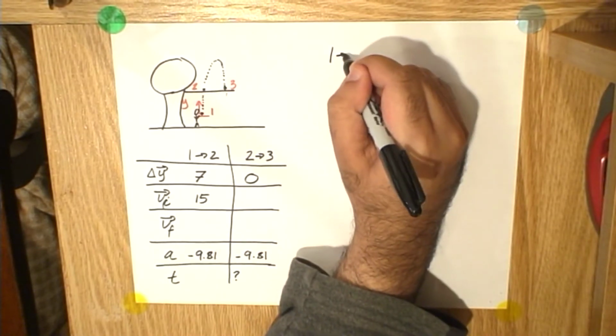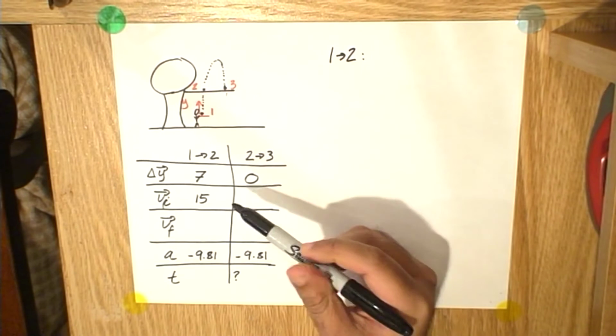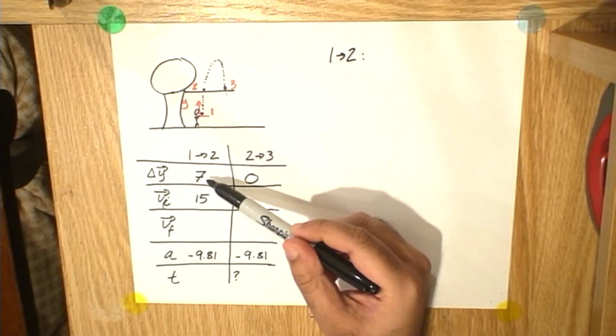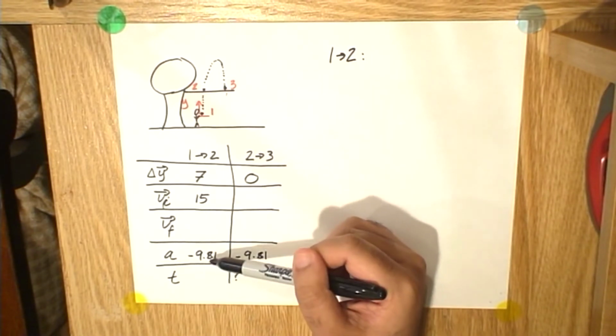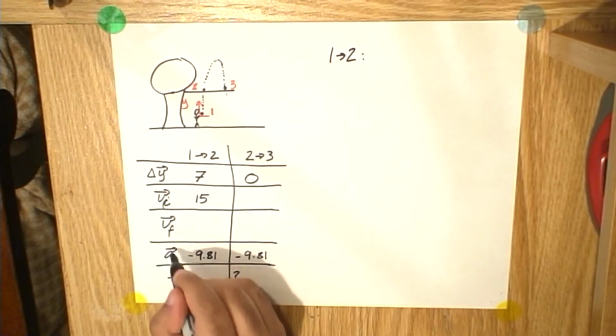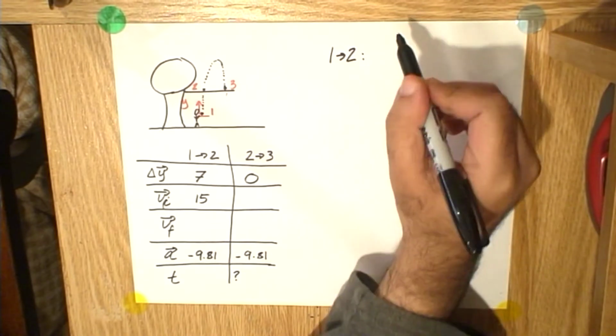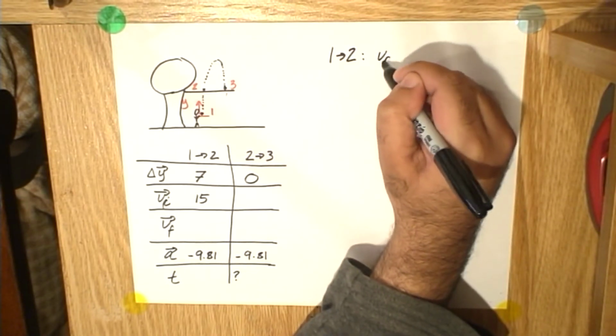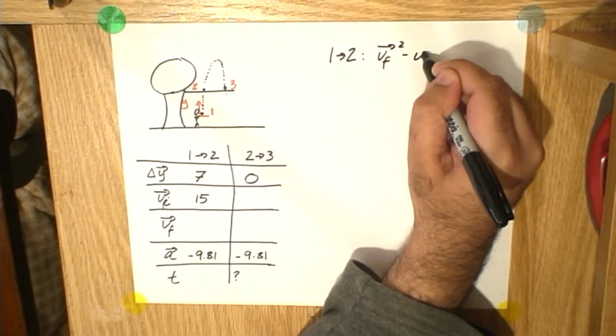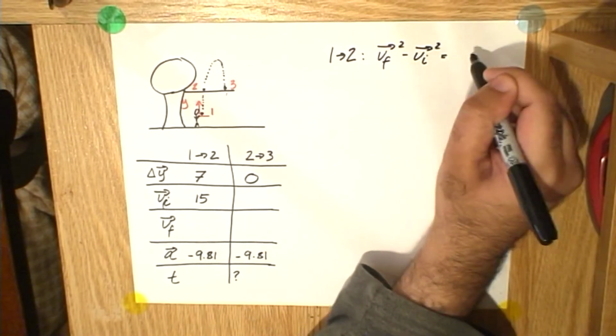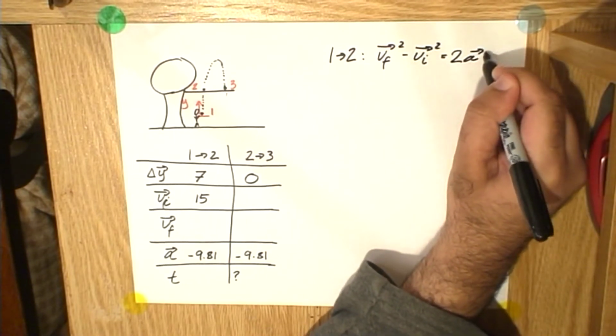From 1 to 2, let's find the final velocity. We know delta y, we know v initial, we know a, we're looking for final velocity. There's only one equation that weaves together all 4 of those quantities and ignores time, and that would be v final squared minus v initial squared is equal to 2a delta y.